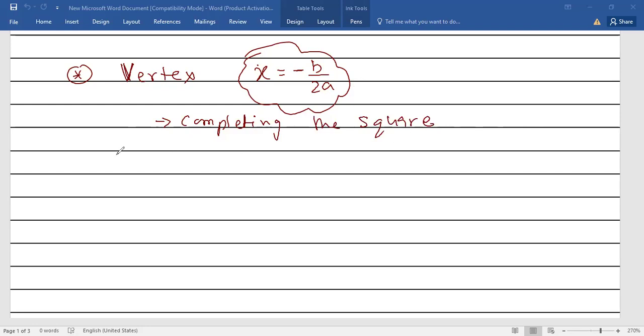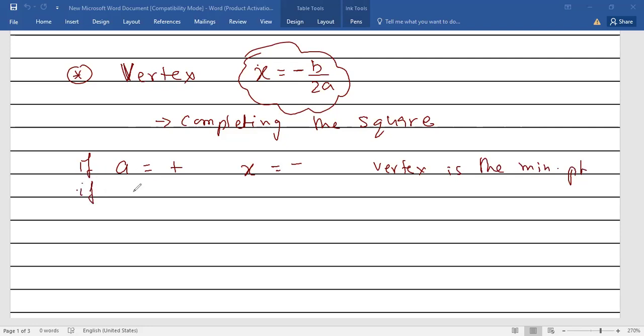And if a is positive, then the vertex is the minimum point in the graph.